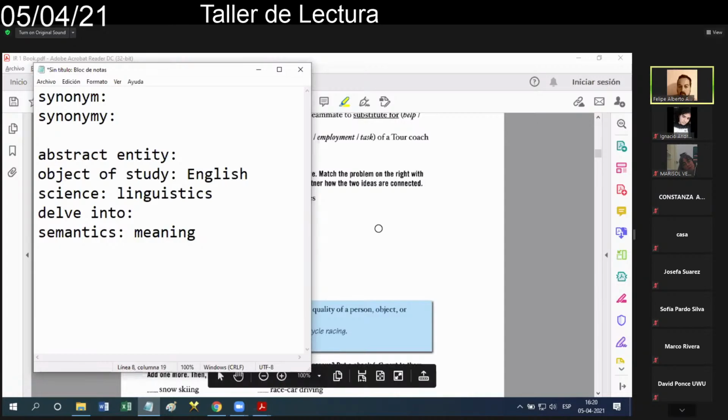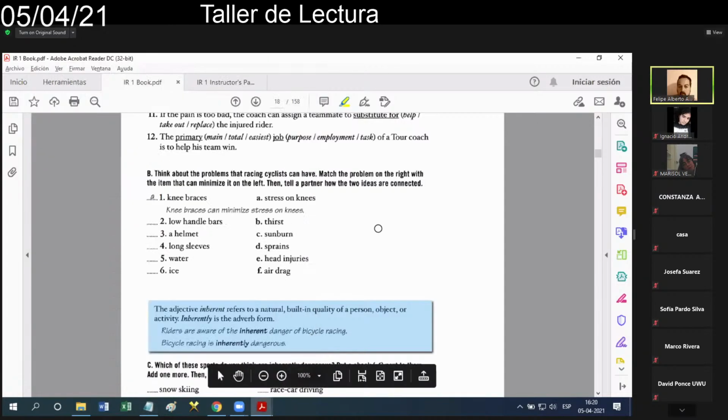What's meaning? What words refer to, or what concepts refer to? Because remember, every single element in English refers to something else.